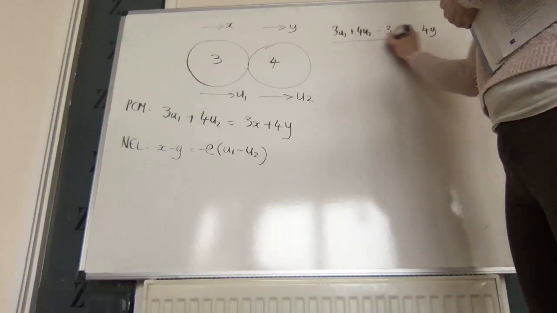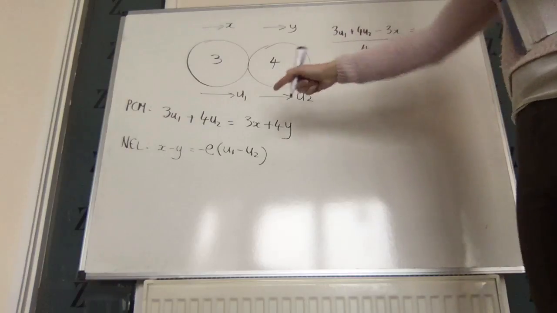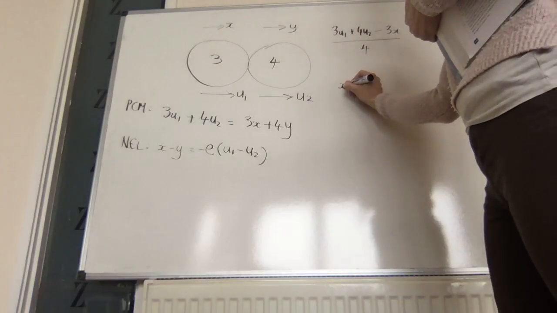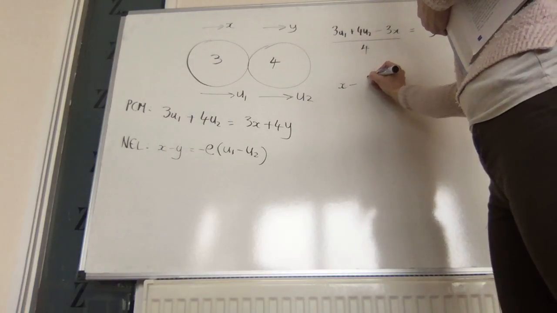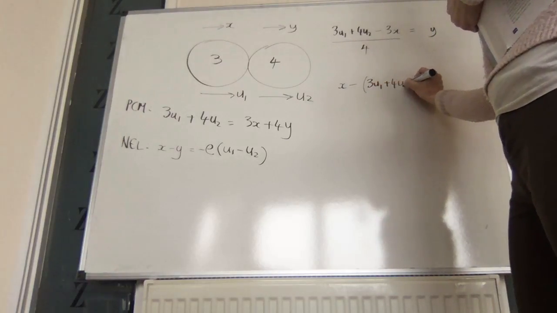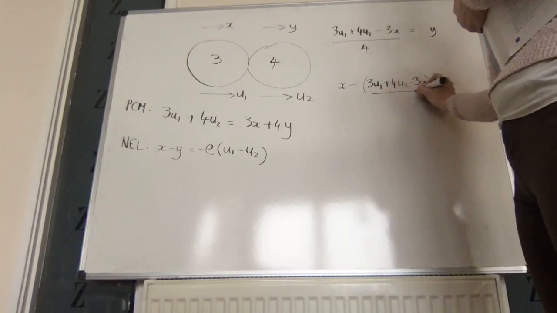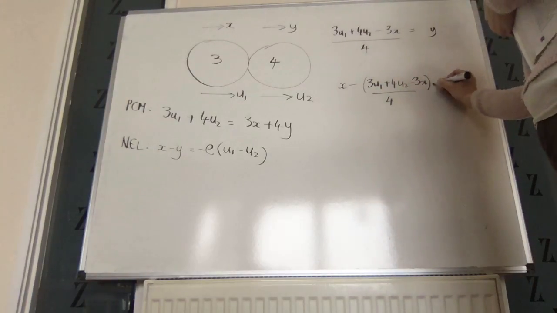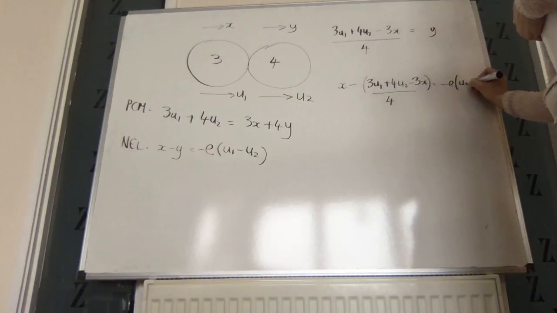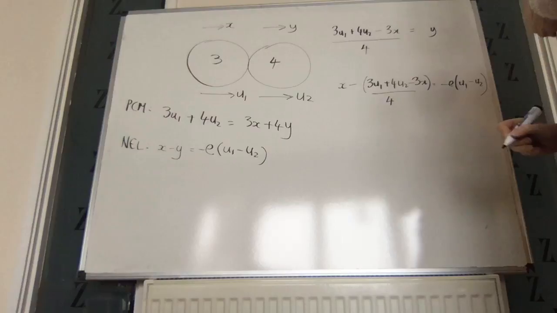All of that divided by 4 will give you y, and we're going to put that into the other equation. So we have x minus y, so it's x minus (3u1 plus 4u2 minus 3x) over 4, is equal to minus e times (u1 minus u2).